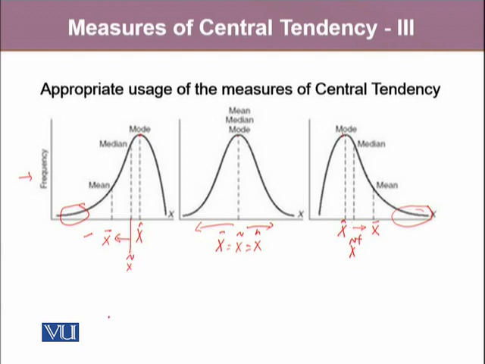So therefore, we can say that in positively skewed data, mean is greater than median and they both are greater than mode. And in negatively skewed data, mean is less than median and they both are less than mode.